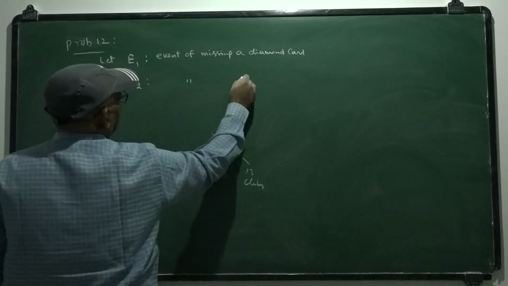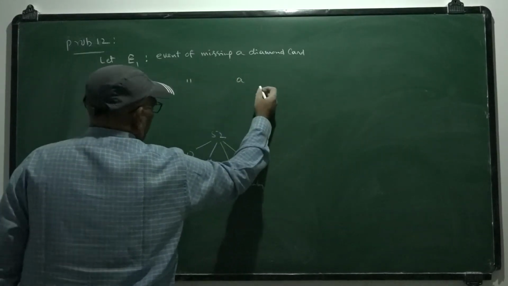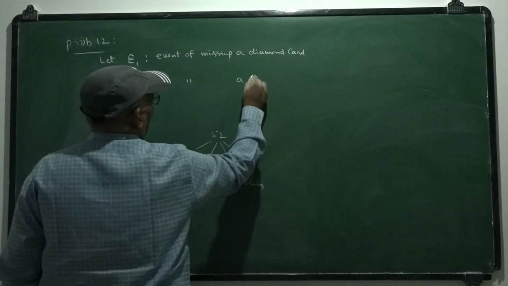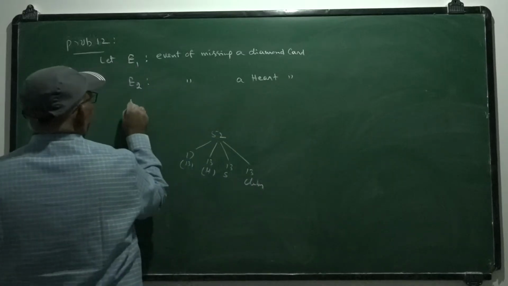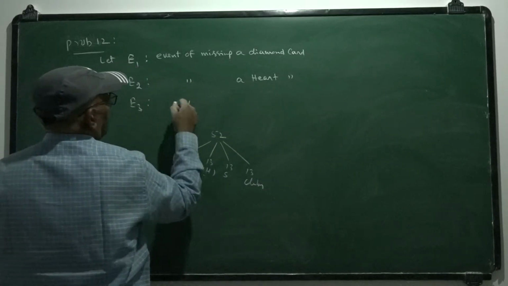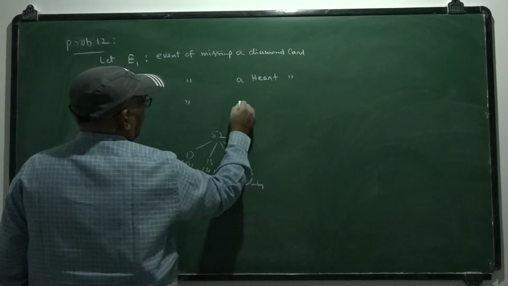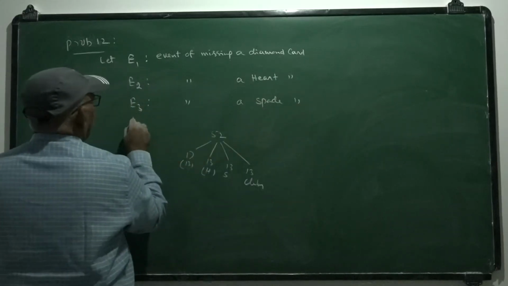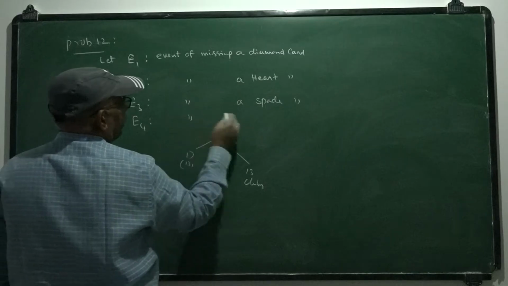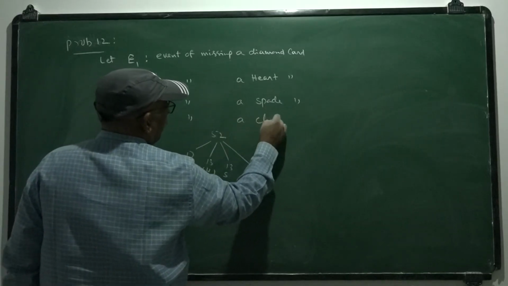E2 stands for event of missing a heart card. E3 is the event of missing a spade card. E4 stands for event of missing a club card.